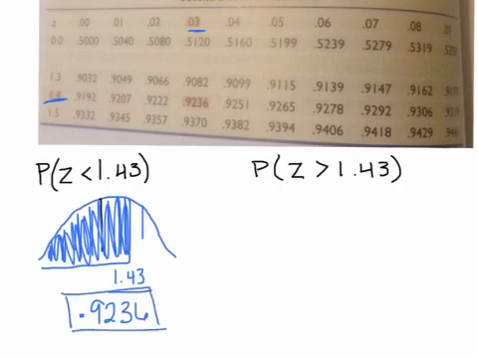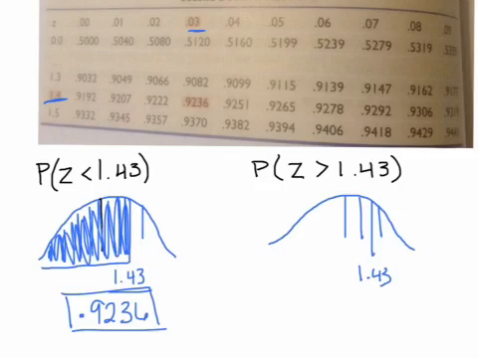The next one, I want to know what percent is greater than this. Here's my mean, 1, 2, so here is 1.43. Now this time I want the information to the right, but the chart shows me the information going to the left, which is 0.9236.